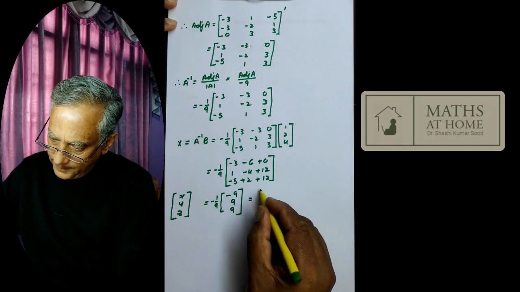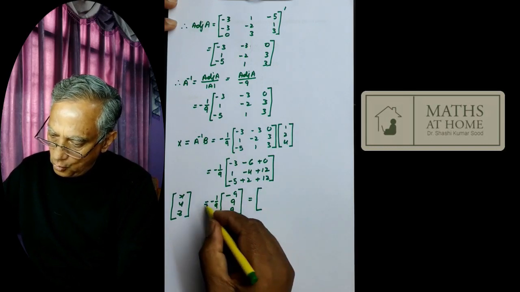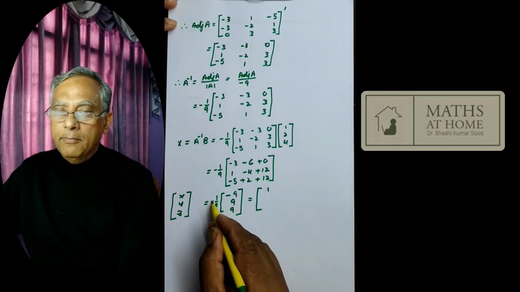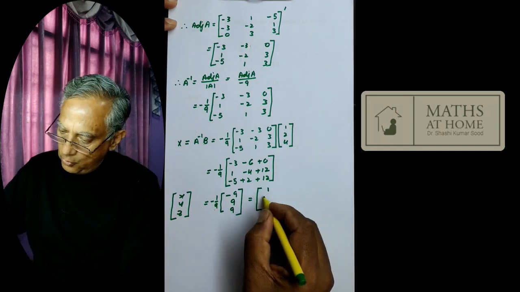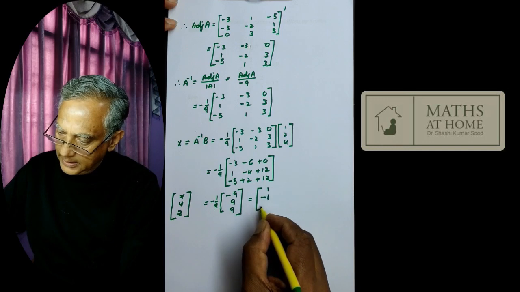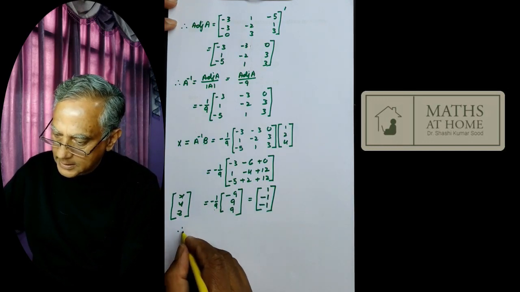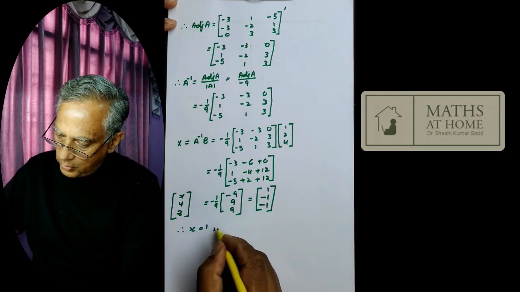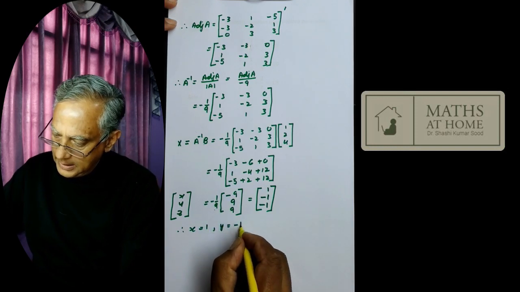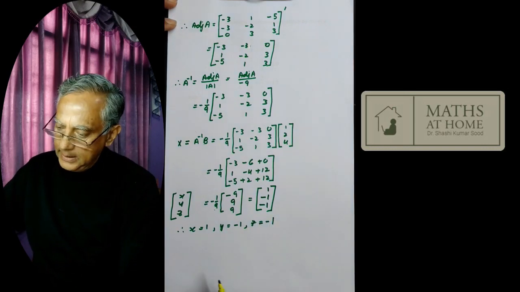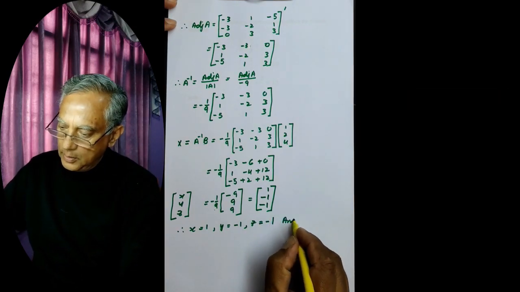So this is equal to 1. Divide each and every entry by minus 9. So this will be 1, this will be minus 1 and this will be 1. Therefore, x is equal to 1, y is equal to minus 1 and z is equal to minus 1. Answer.